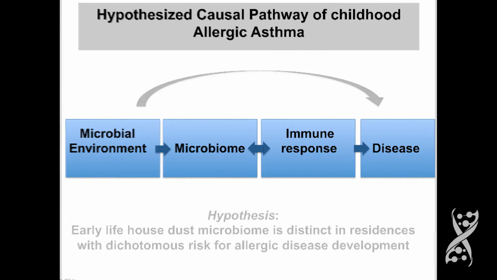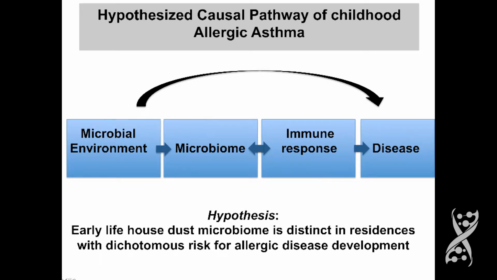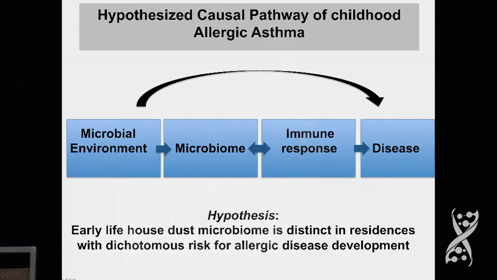And so the first thing we asked, if this hypothesis was true, was whether the environmental microbial exposure in the homes of children with dichotomous risk for allergic disease development was distinct.